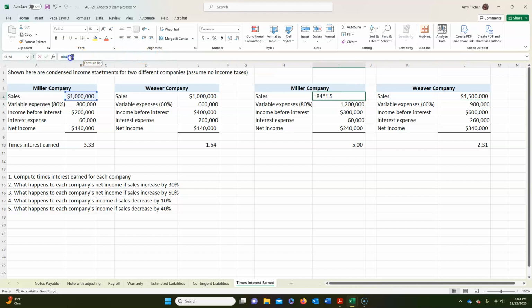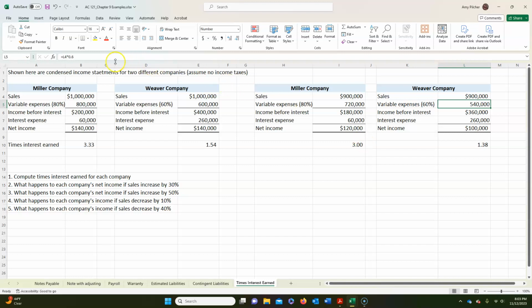Instead of 1.5, we're going to take it times 0.9. Okay, so we see both positions worsen, but the Miller Company still has a very good times interest earned.